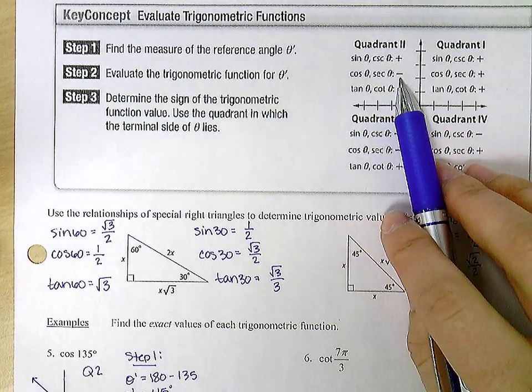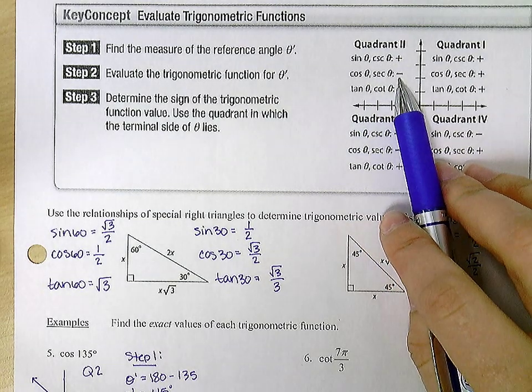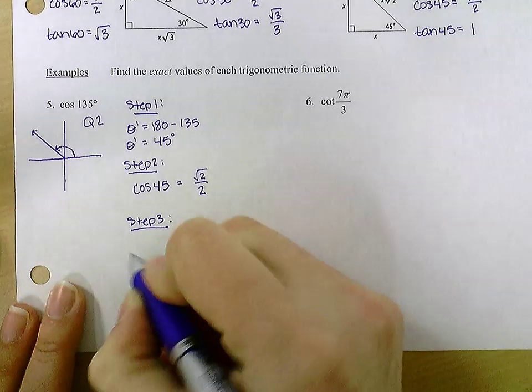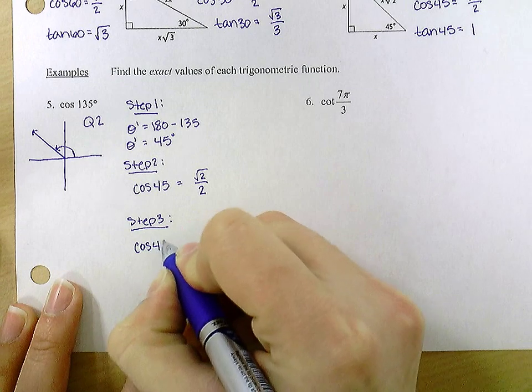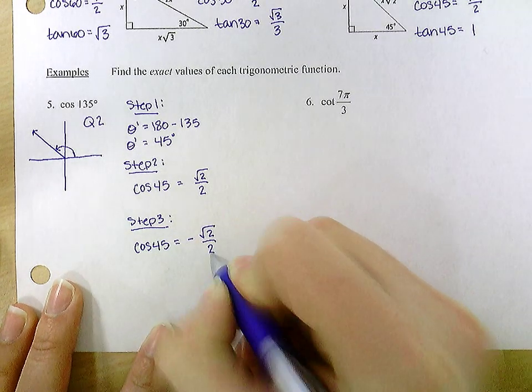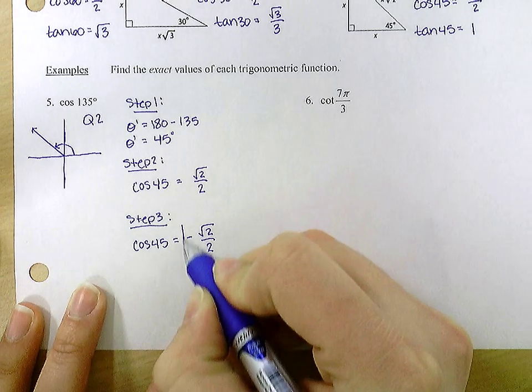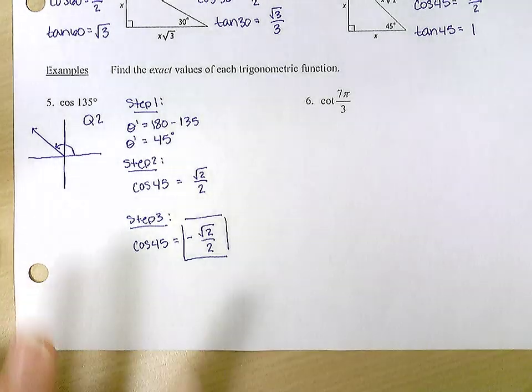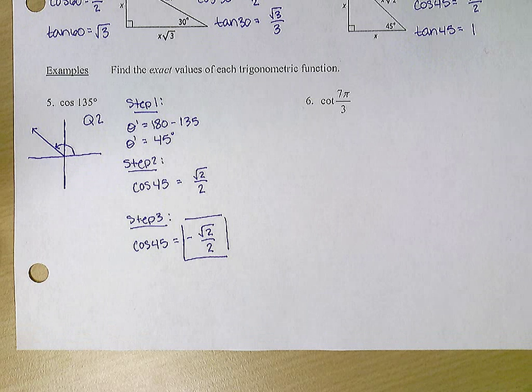So cosine in quadrant 2 is going to be negative. So our final answer is going to be negative square root of 2 over 2. Since we were in quadrant 2, cosine is negative in quadrant 2, so I just need to find the sign for step 3 there. And that would be your final answer.